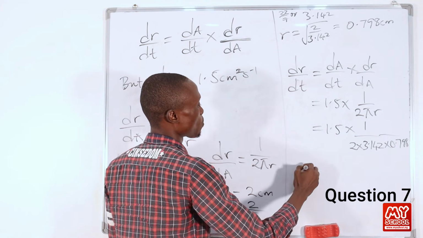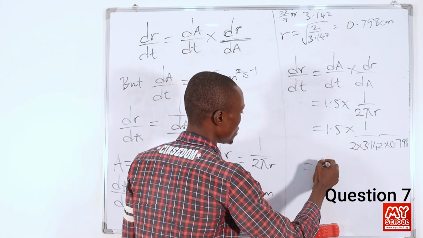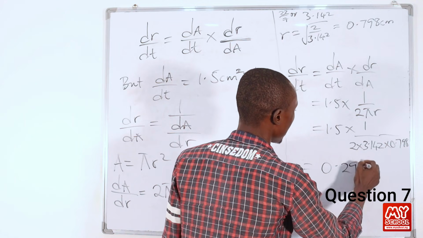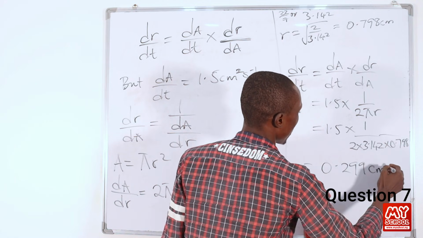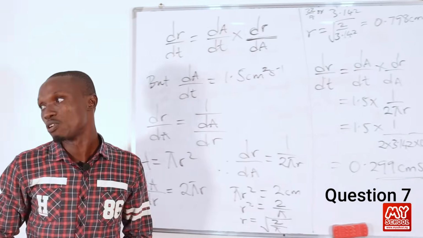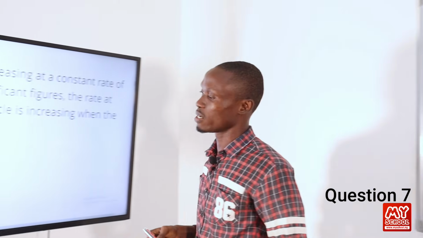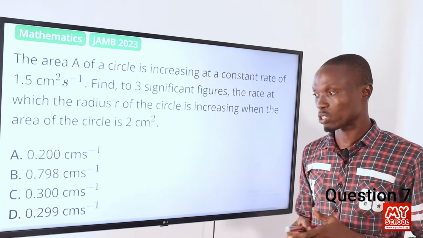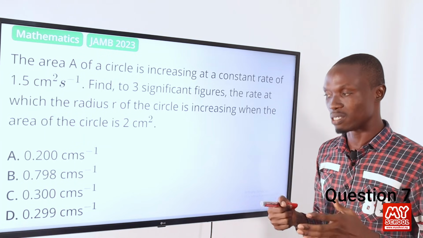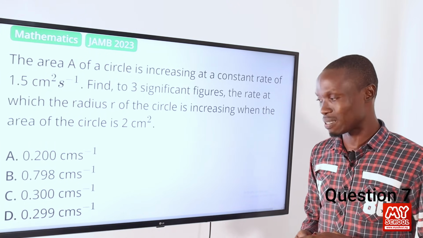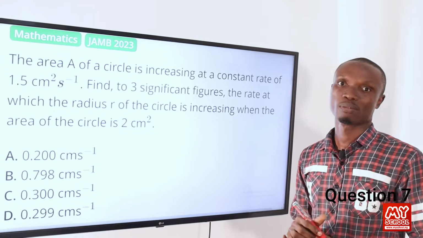If we tidy this up, our answer is going to be 0.299 centimeter per second. Let's head over to the screen and see if our answer is there. The correct option, according to our calculation, is D, which is 0.299 centimeter per second.